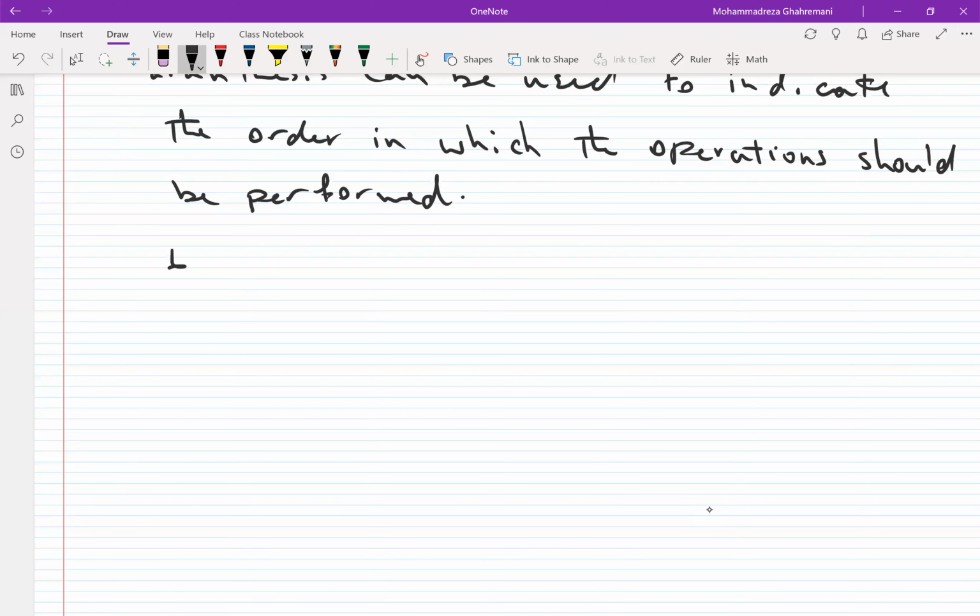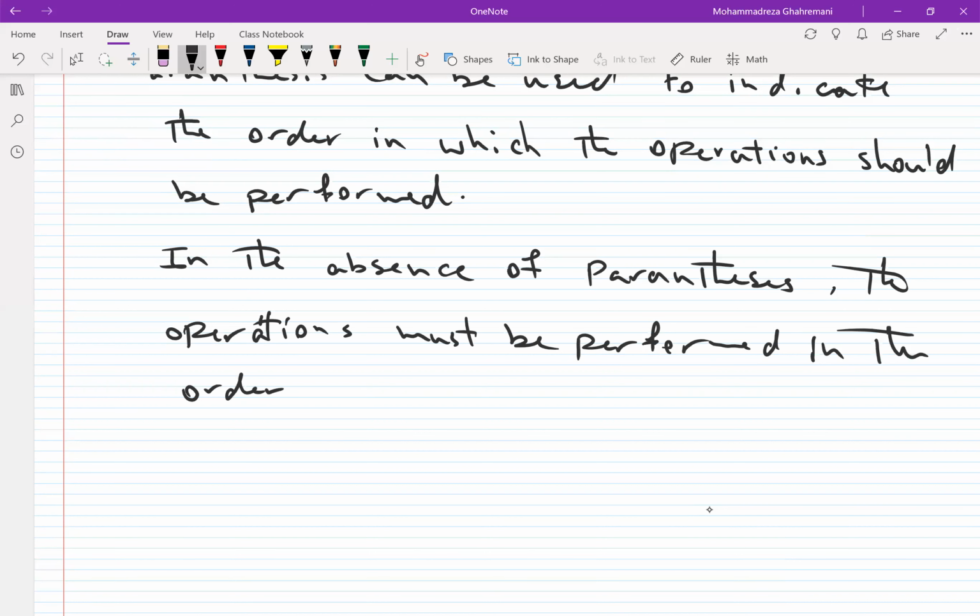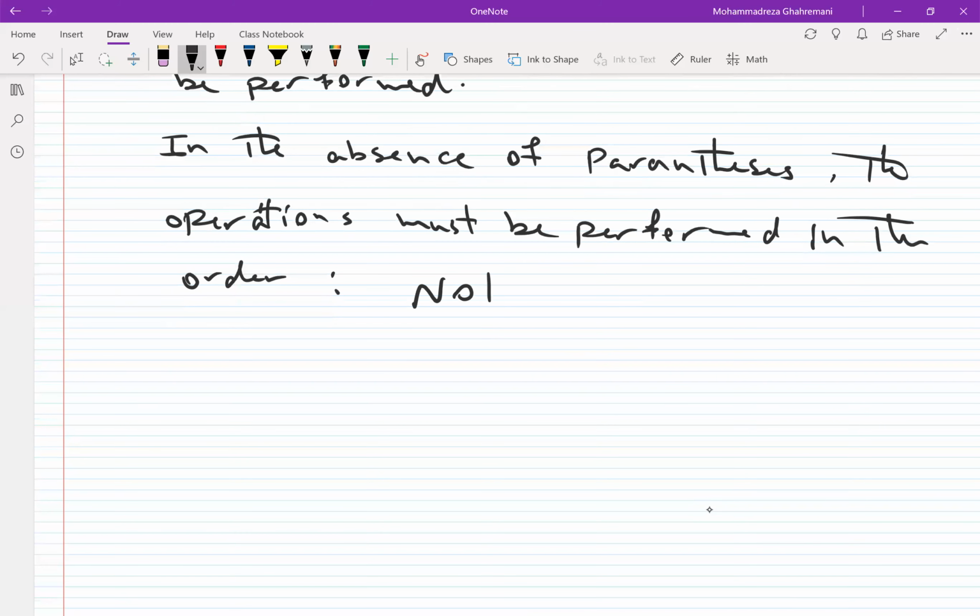In the absence of parentheses, the operations must be performed in the order NOT, AND, and then OR.